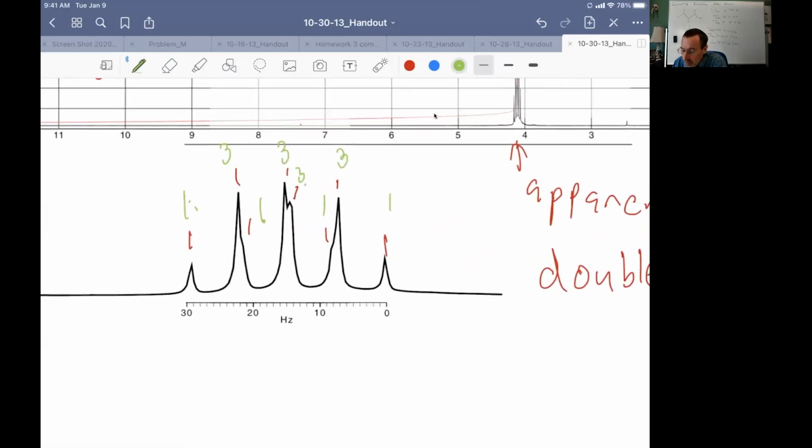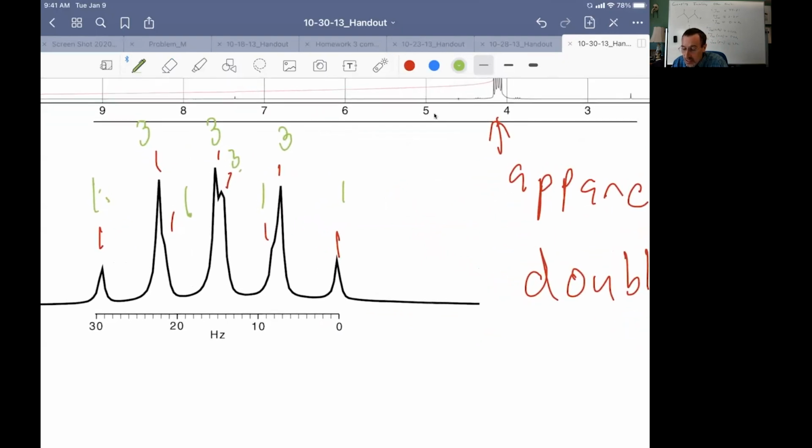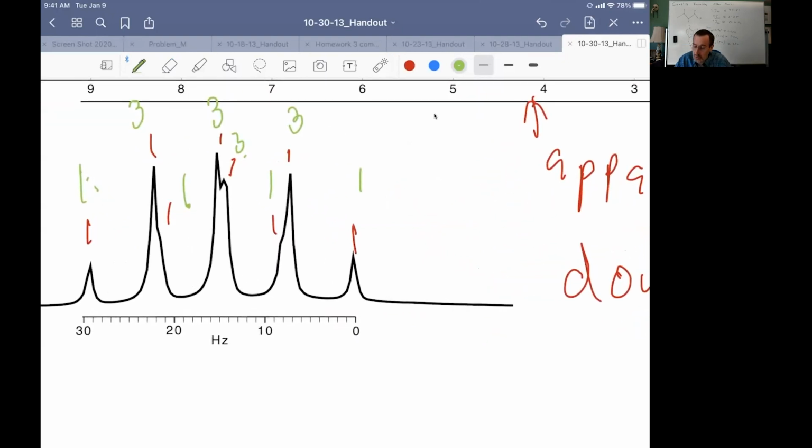Can you, Franco, extract out the J values here? I've given us a ruler. Can you read the J values off? What's the J for the quartets? The J in the quartets looks like 8 Hertz about. Let's start with within the quartet.